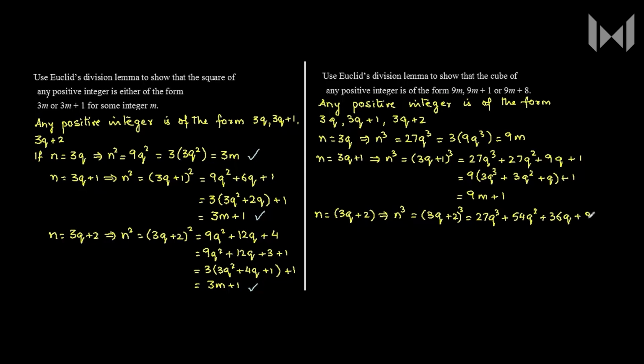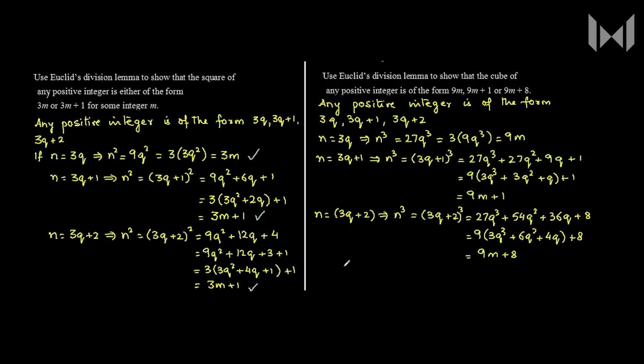And plus 2 cube, 2 4s are 8, and this is equal to, you get 9 common from the first 3, 9(3q cube plus 6q square plus 4q) plus 8, and that is equal to 9m plus 8.